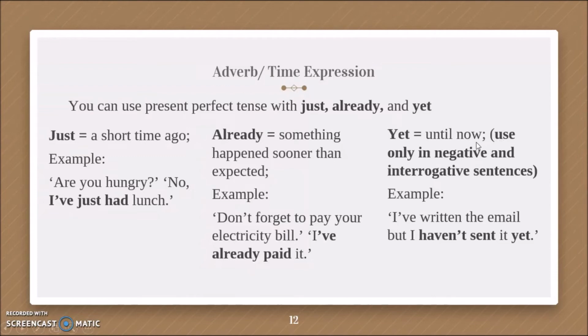There is one exception for yet. Yet is used only in negative and interrogative sentences. For example, I've written the email, but I haven't sent it yet. This is the negative form.